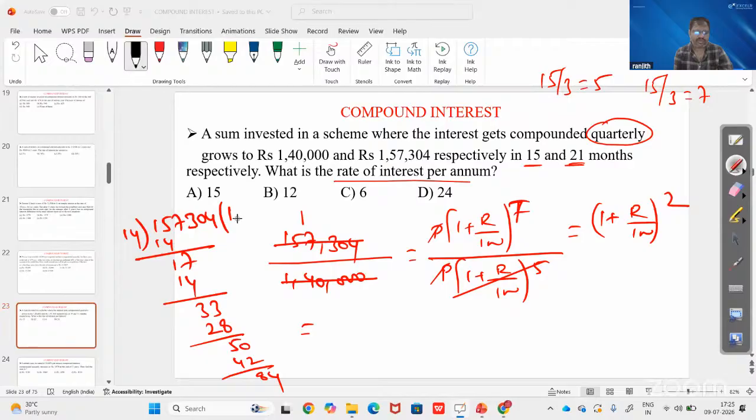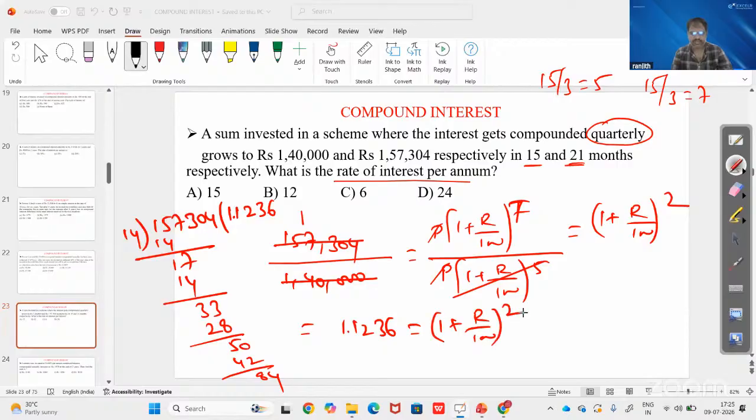So we go with 1 and 1, then 2, 3, 6. We need to take the decimal after 4 numbers. So 1.1236 will be equal to 1 plus R by 100 whole square.